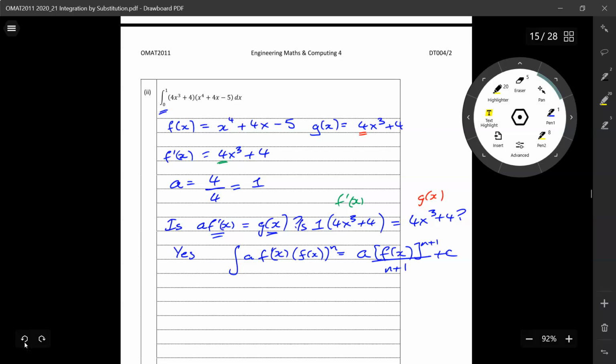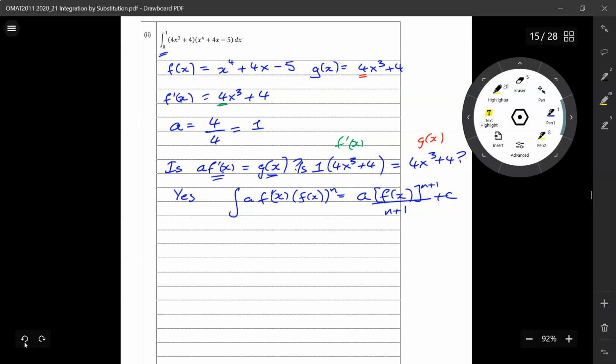So let's go ahead and integrate this. The integral from 0 to 1 of 1, where 1 is equal to a, times f prime of x, which is 4x cubed plus 4, times f of x, which is x to the 4 plus 4x minus 5, dx.